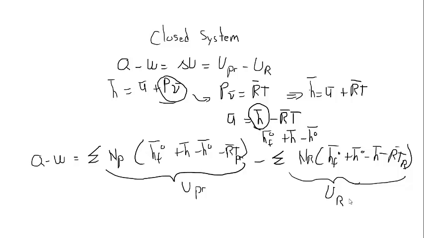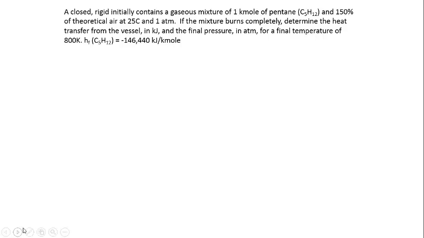All right, let's do an example problem. I have a closed, rigid tank that initially contains a gaseous mixture of 1 kilomole of pentane and 150% of theoretical air at 25°C and 1 atmosphere.